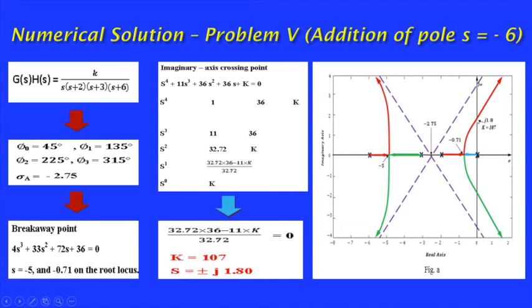That means at that point K equals 107 and s equals plus and minus j1.8. With the addition of poles, the value of gain K increases for crossing this imaginary axis. That means the system is unstable when K is increased greater than 107.